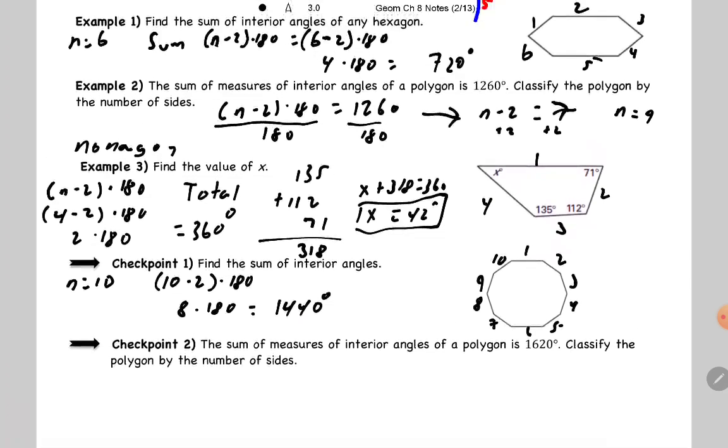Okay, checkpoint 2. The sum of the interior angles of a polygon is 1620. Classify the polygon by the number of sides. So n minus 2 times 180 is equal to 1620. We divide both sides by 180 to get n minus 2 is 9, so n equals 11.